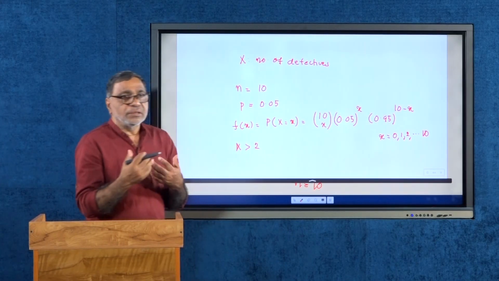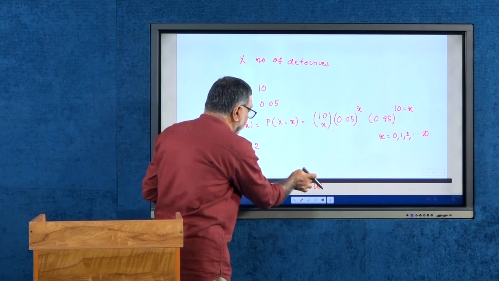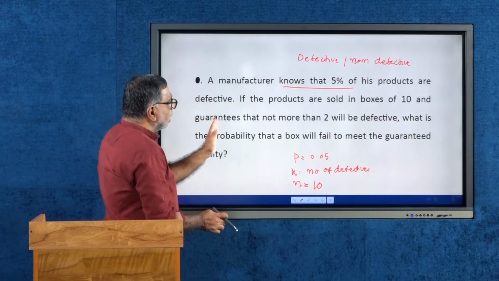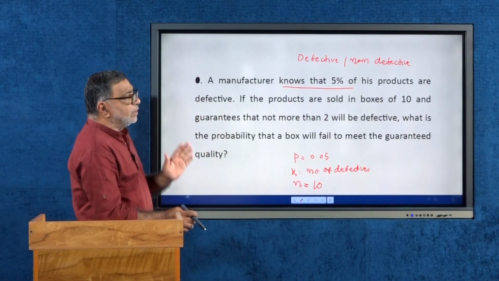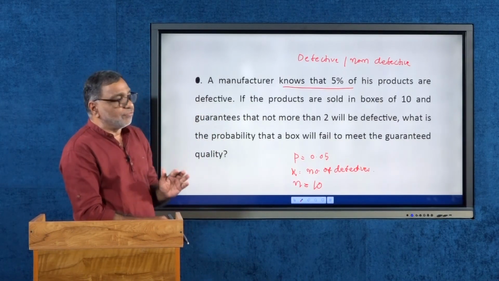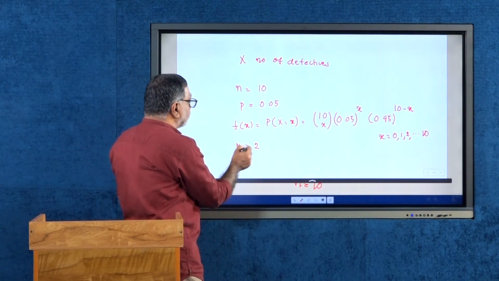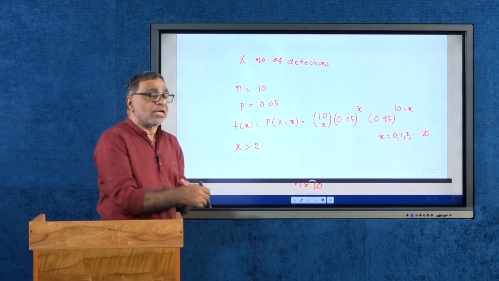So, the manufacturer is actually claiming that not more than 2 will be defective. So, the guarantee fails when the number of defectives is larger than 2.